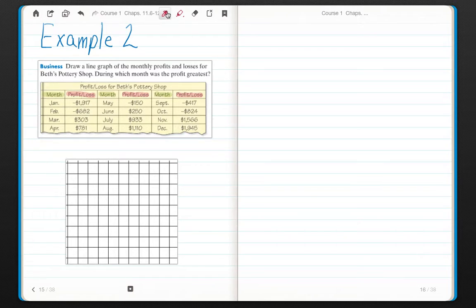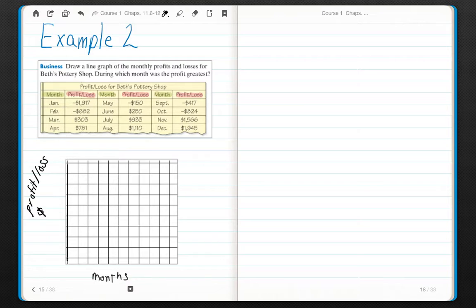So I'm going to make a graph. I'm going to have my profit or loss in dollars on this side. Down here at the bottom, I'm going to have my months.